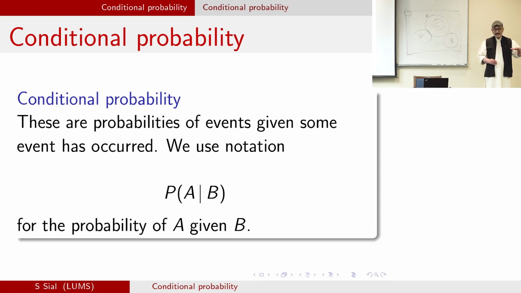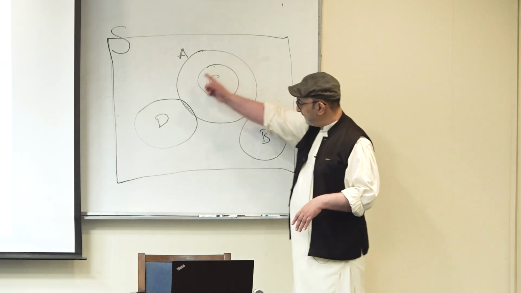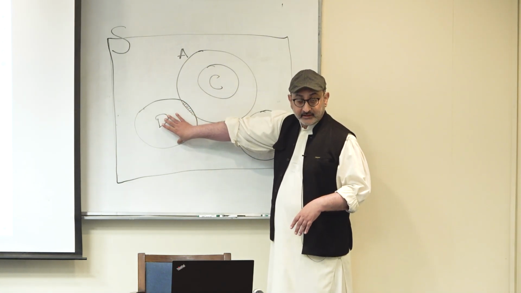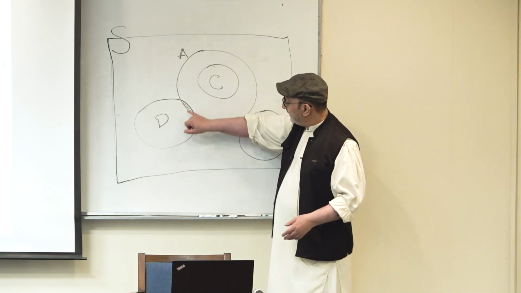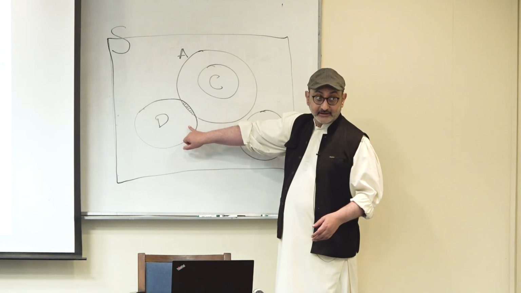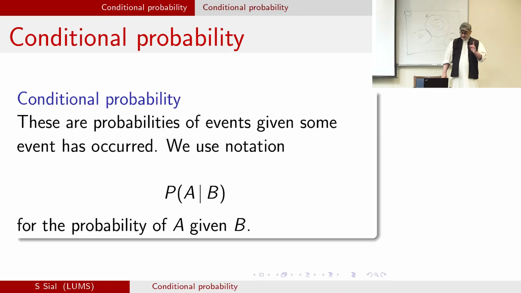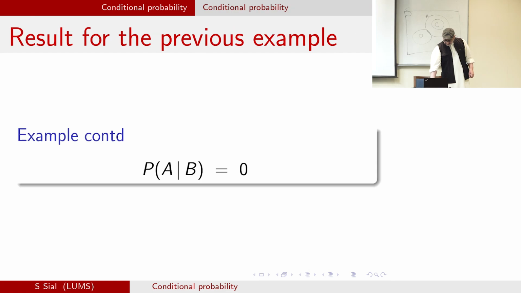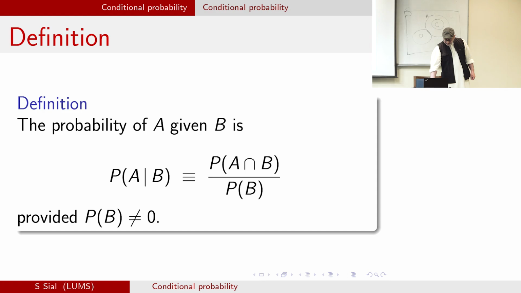No, we consider the cardinality of A to be the same, except now you're only looking in the intersection, because you know that B has occurred. So the formula is coming up, you'll see. In the example we were discussing, probability of A given B is 0.